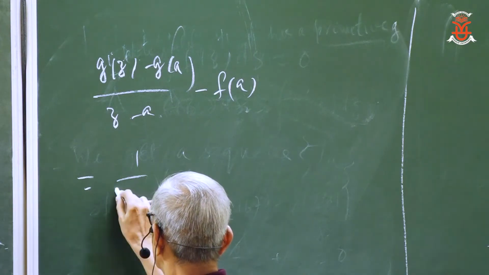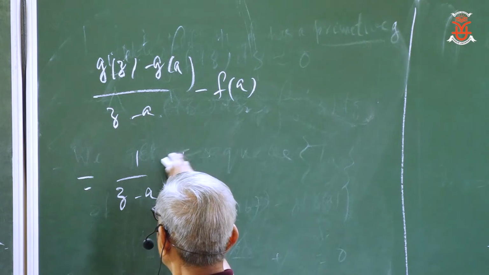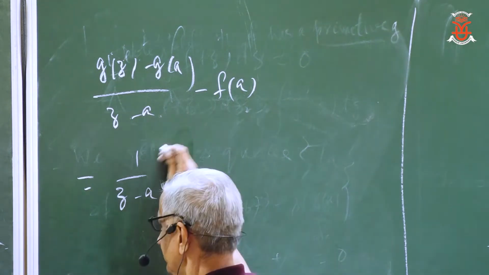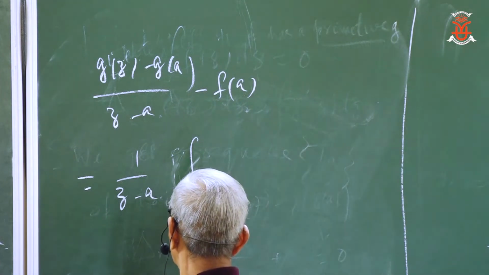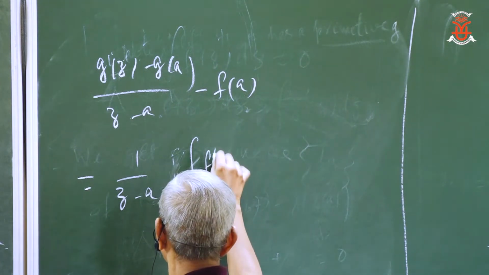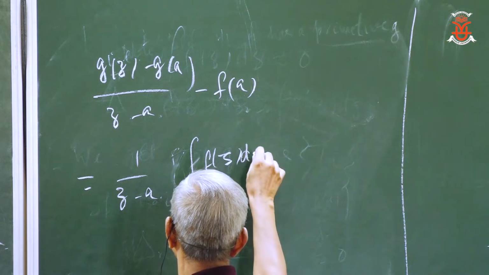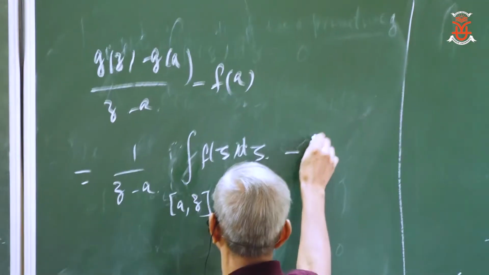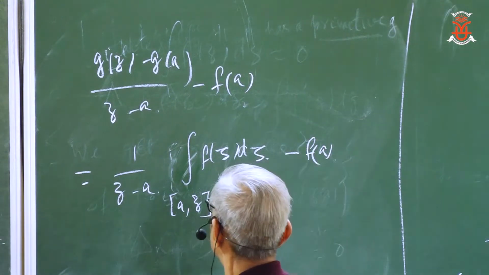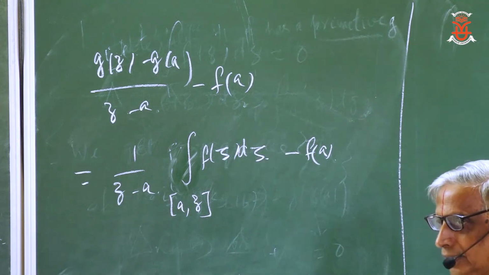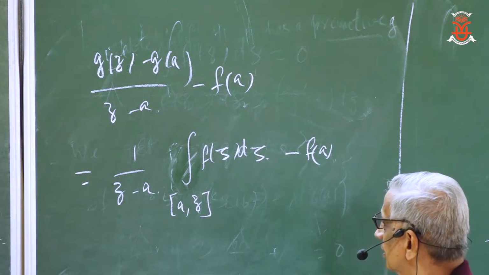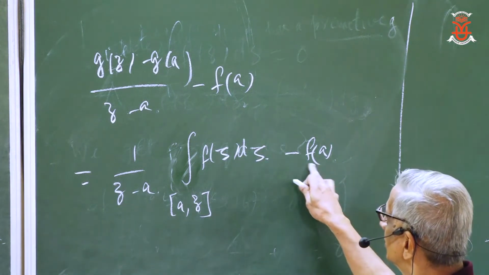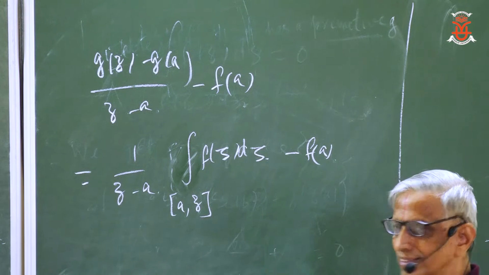One over z minus a into the integral. You can take this inside.